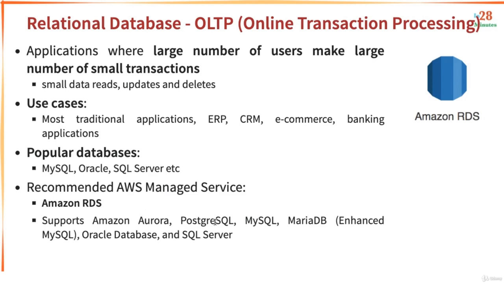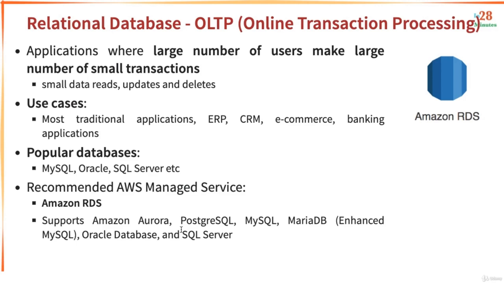Amazon RDS also supports PostgreSQL. It supports MySQL. It supports an enhanced MySQL version called MariaDB. And it also supports two commercial databases, Oracle database and Microsoft SQL Server. So whenever you would want online transaction processing and you want to use a relational database in AWS, you would go for RDS.